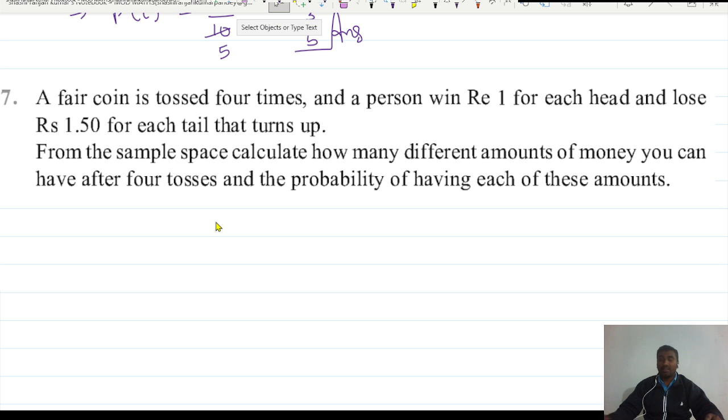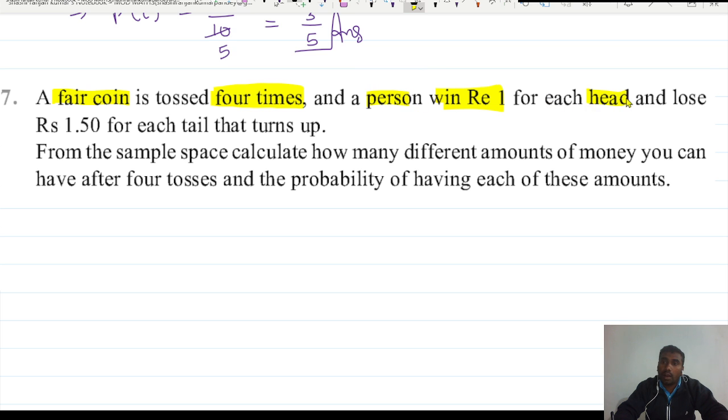Okay, so now see this question number 7, a very good question, very conceptual. So see this question very carefully. In this question, a fair coin is tossed 4 times. Fine. These are the important words. And a person wins 1 rupee for each head.